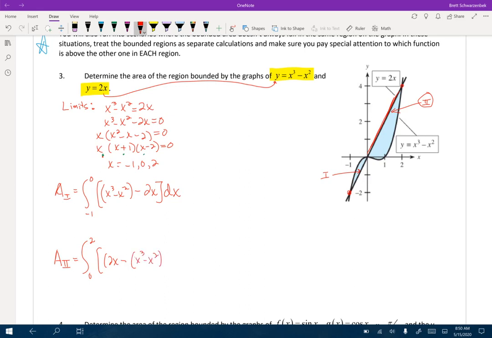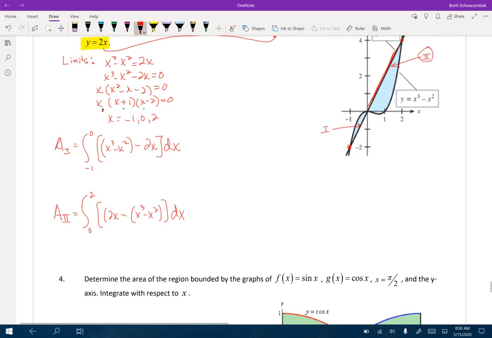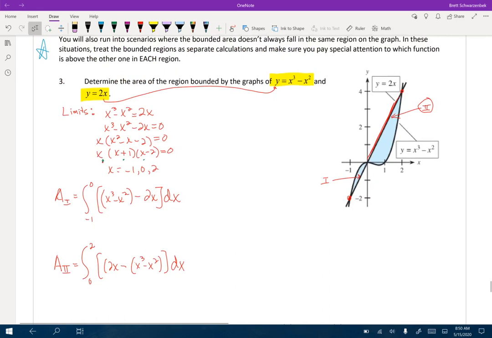This is a huge deal, folks. This is a big stumbling block for students. They often have a very difficult time following this in the beginning. Because of the nature of the way this curve went, the curve actually swung under the line until 0 and then over it after that.